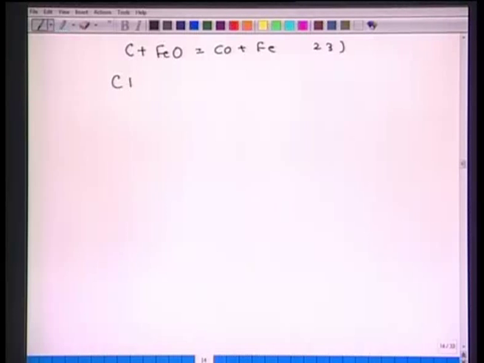Now, this reaction C plus O is equal to CO has also importance during solidification of steel.